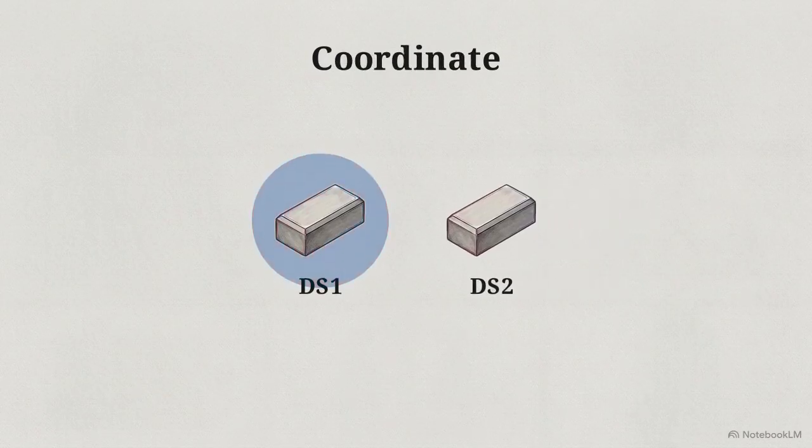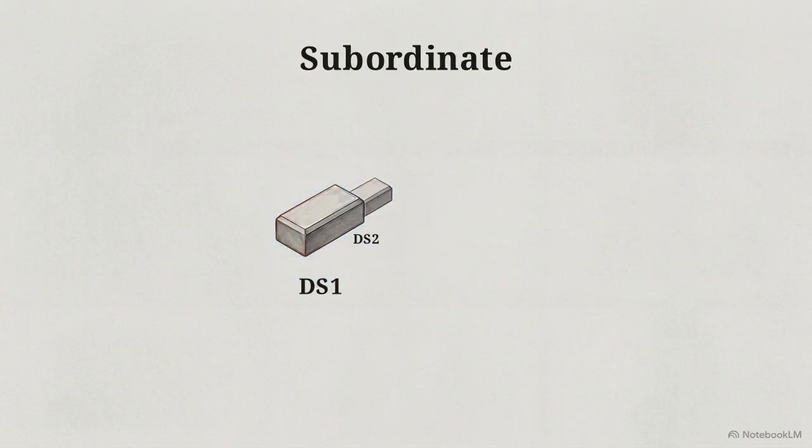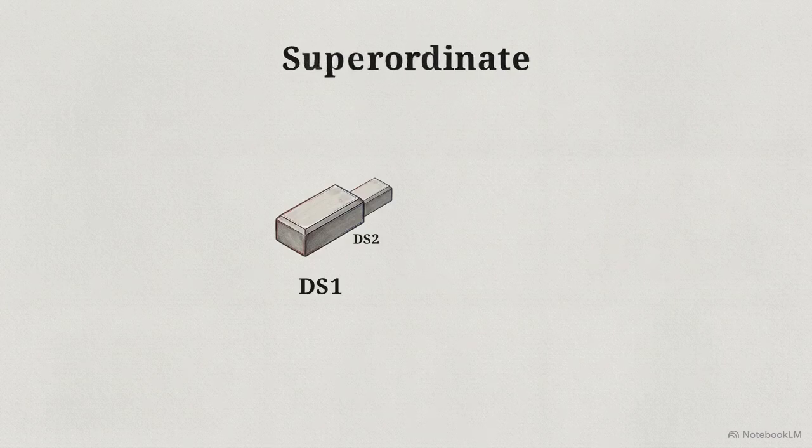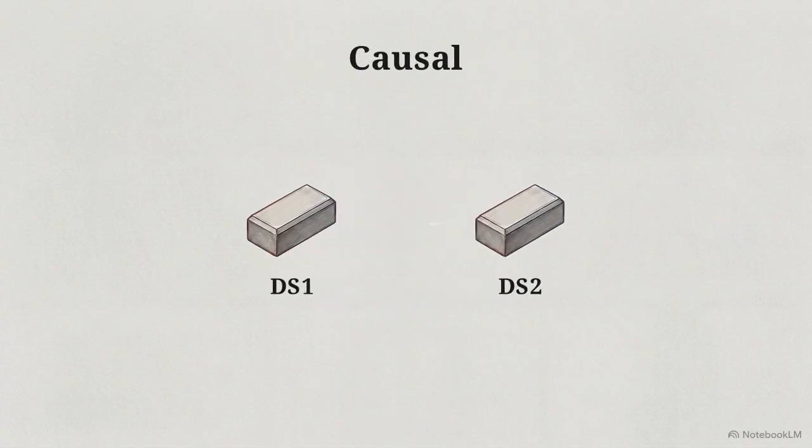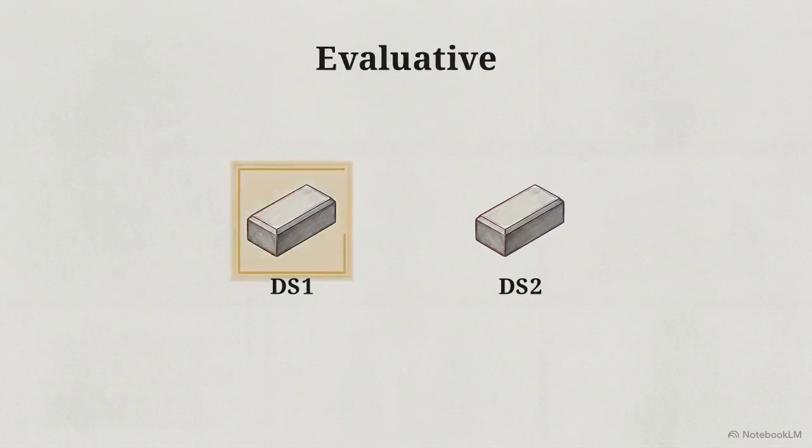In a coordinate relationship, both sentences sit at the exact same level of generality. A subordinate relationship occurs when the second sentence drills down into concrete detail. A superordinate pairing zooms out to provide an abstract summary of the first. The final two pairings are causal, where the second segment provides a logical reason for the first, and evaluative, where it emphasizes or denies the previous statement.